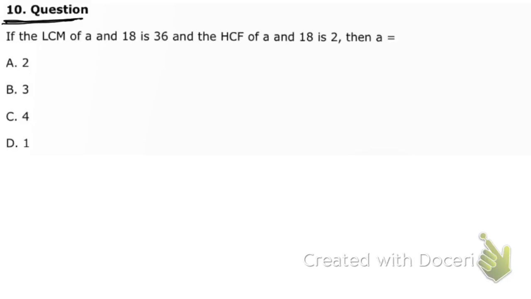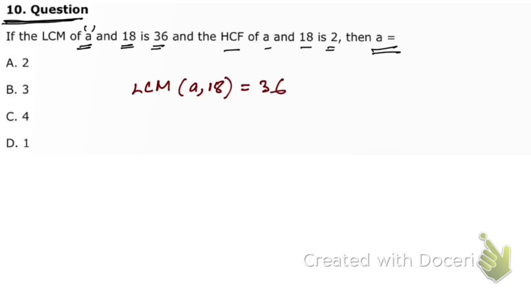Next question is question number 10. If the LCM of a number a and 18 is 36, and the ACF of a and 18 is 2, ACF and LCM are given, then what is the value of a? We know that the product of LCM and ACF is equal to the product of the two numbers, right?